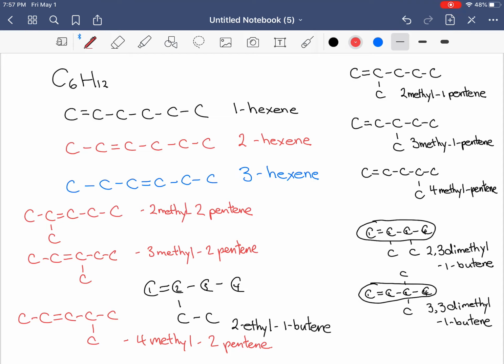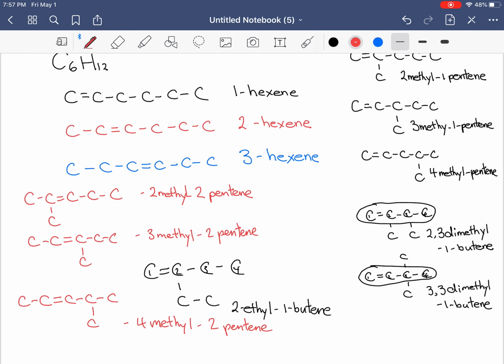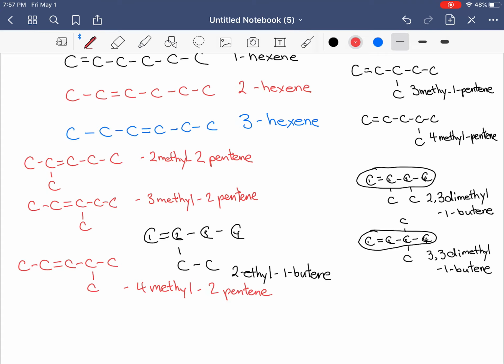So hopefully you guys are understanding it quite easily. Let's move up a little bit. There's butene, which can have a C here and a C here.